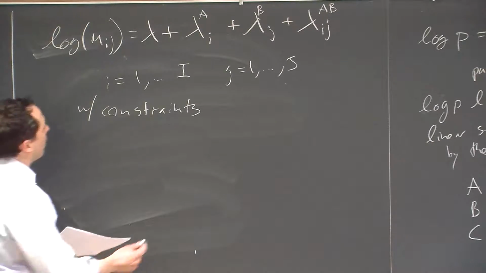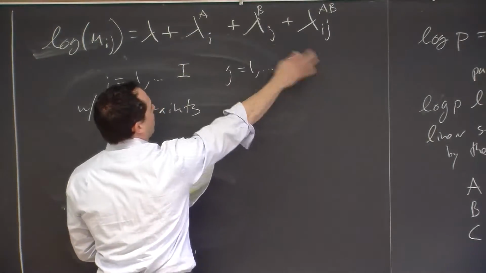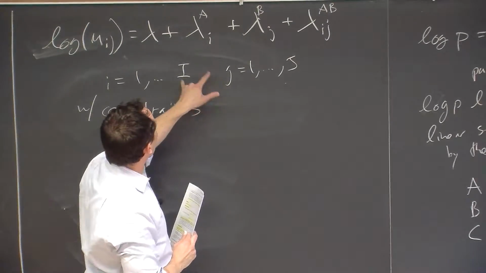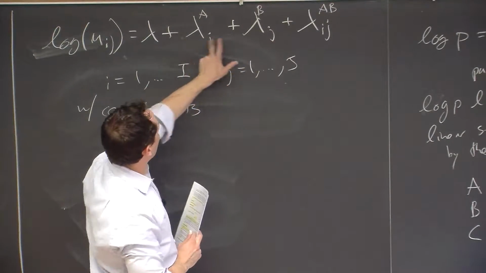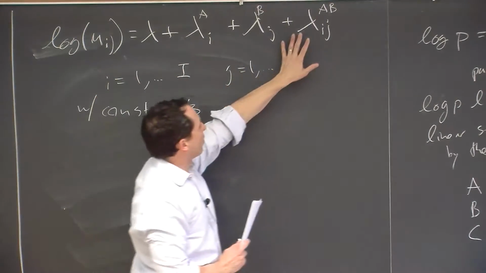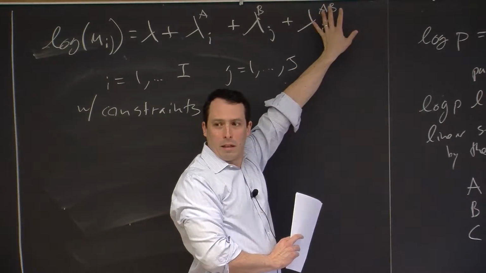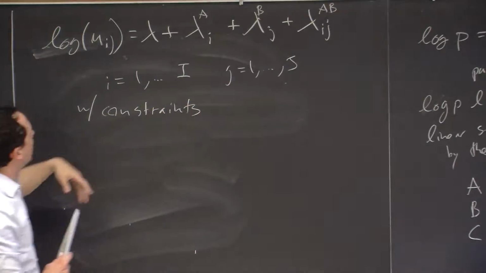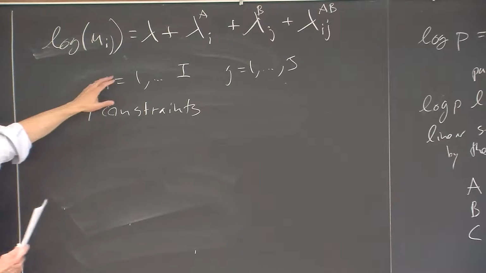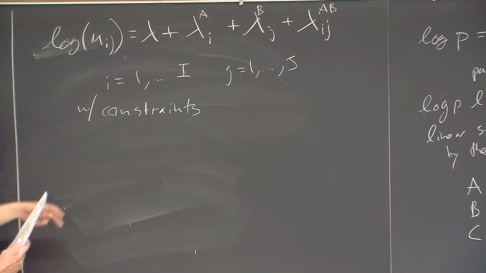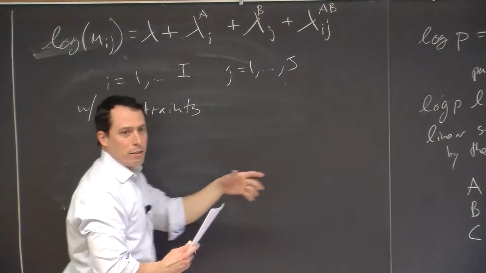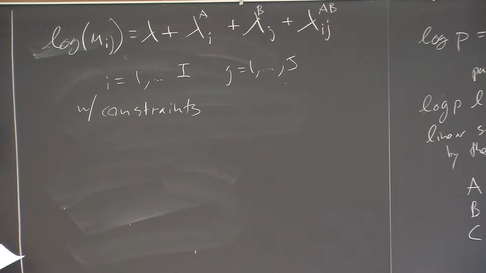The problem is that if I just look at this equation naively, I have way too many parameters. If I and J were equal to 2, this would give me 5 parameters just up to here. And we know I don't need 5 parameters to model an independence model. I only need 3, including this one. So we need some constraints or some way of cutting down this total number of parameters to reflect the fact that there's redundancy among them.